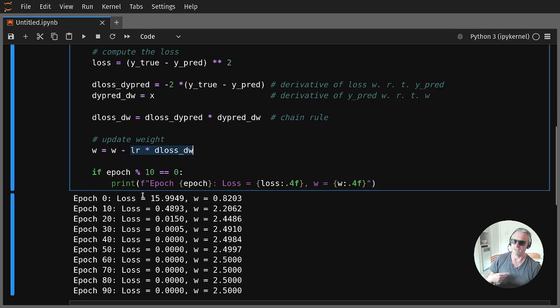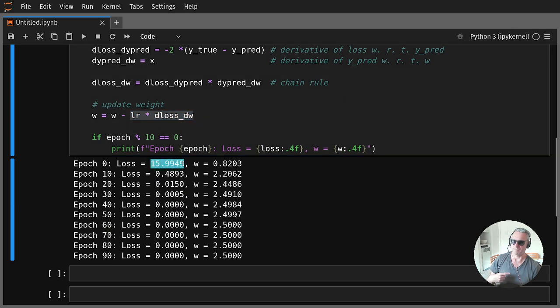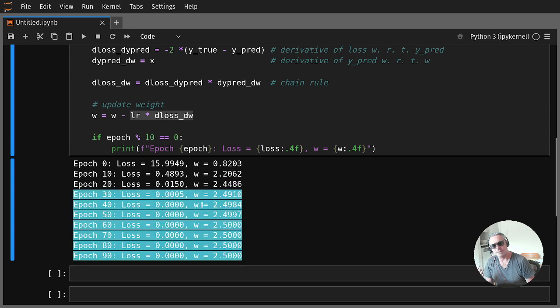And you can see down here, we start off with a random number. We've got 15.99. Sorry, that's our loss with our original random weight, which is 0.822. The second time, it's already getting closer to the answer, because we know the answer is 2.5, do the maths. Third time, closer. Fourth time, closer.